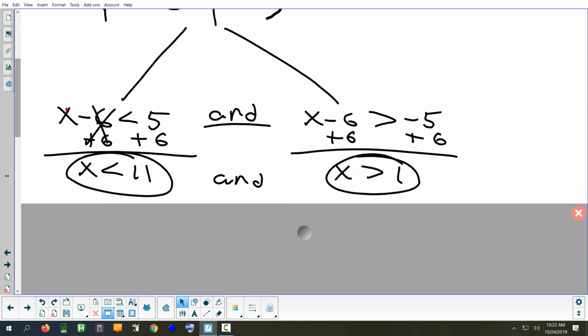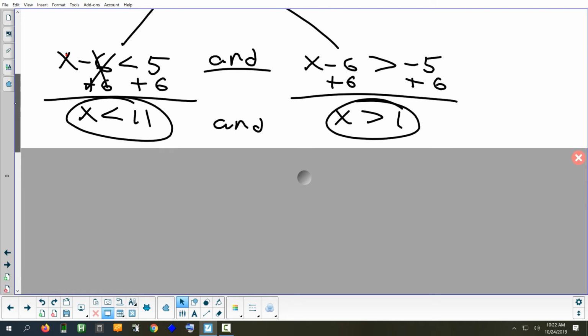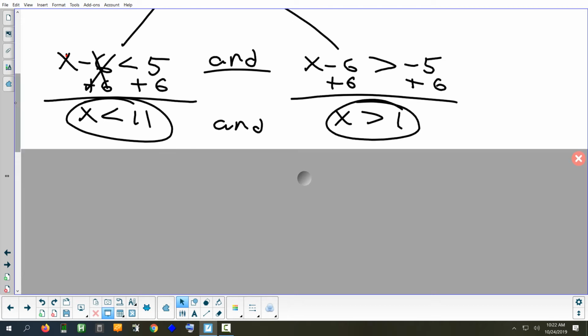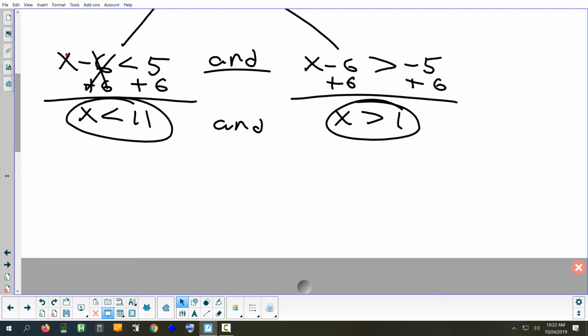So x is less than 11, and x is greater than 1. Does that make sense? Think about it as an and. Can you pick numbers in your head that are smaller than 11 and bigger than 1? Yes. There's 10 numbers in between. Yeah, or even decimals, you can do that too.